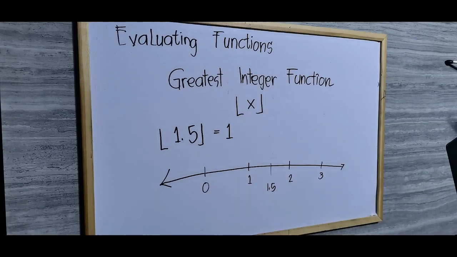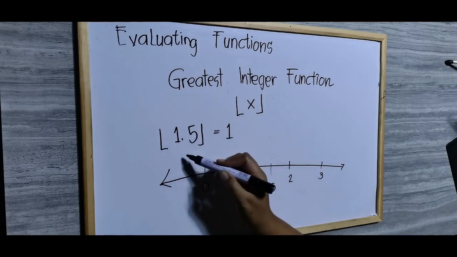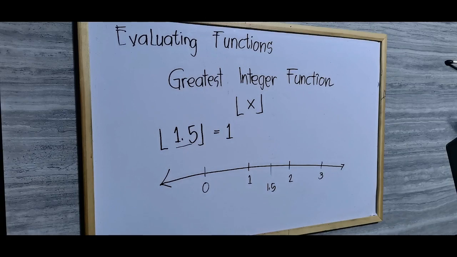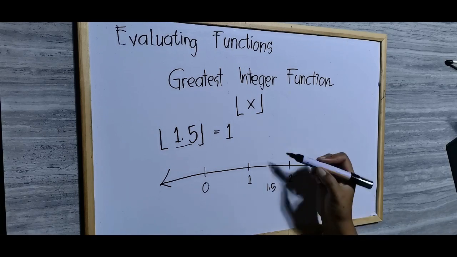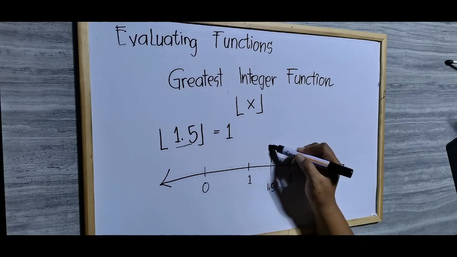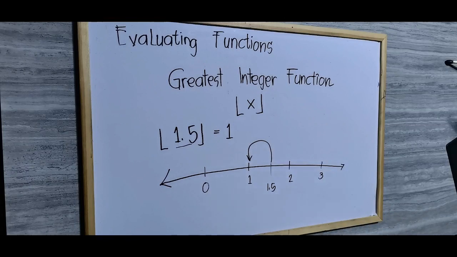So, we will have to round off the real number down to the integer less than the number. Our number is 1.5. So, we will round off it to the nearest integer less than the number. Ano ba yung less than 1.5? That is positive 1. Therefore, the greatest integer of 1.5 is positive 1.